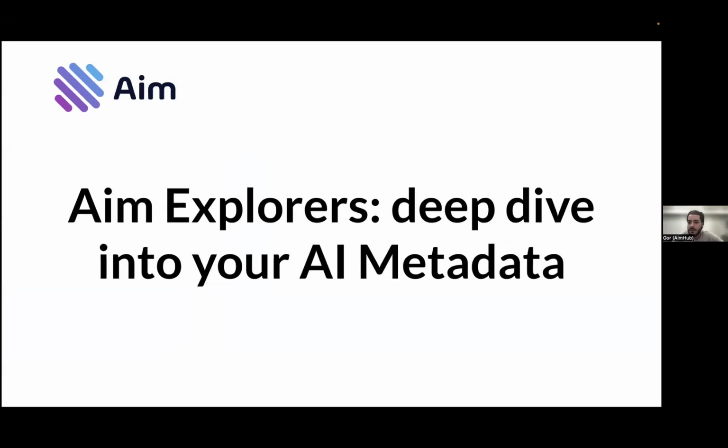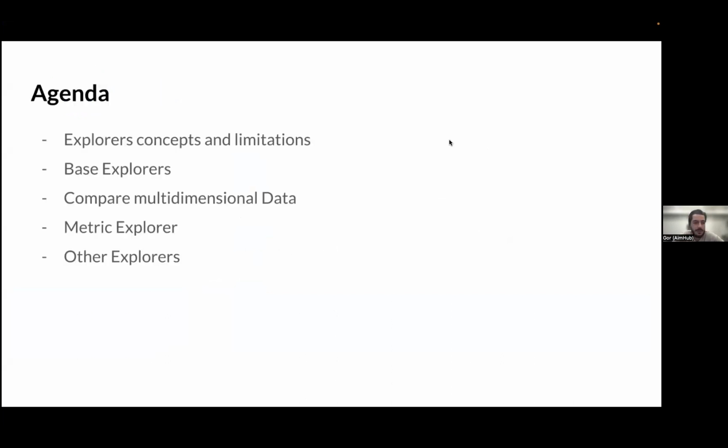So this is the webinar on the AIM Explorers. We'll have a deep dive and learn how to compare large amounts of AI metadata and how to visualize it, and compare large amounts of multidimensional metadata. Today's agenda is the following. We'll go over the concepts and limitations of AIM Explorers.